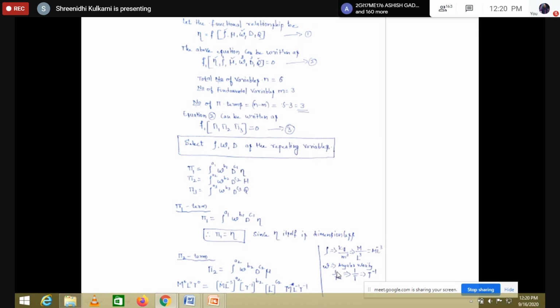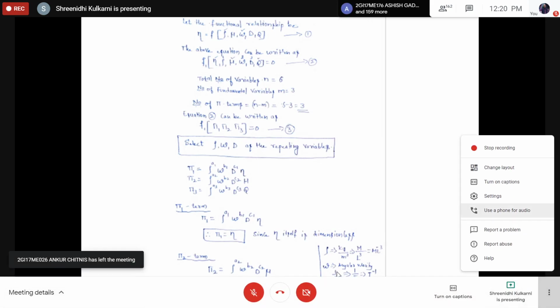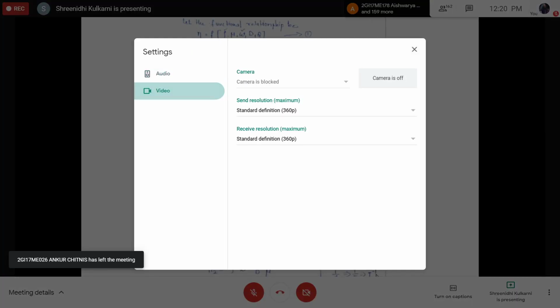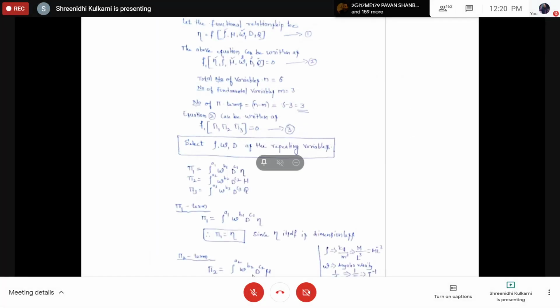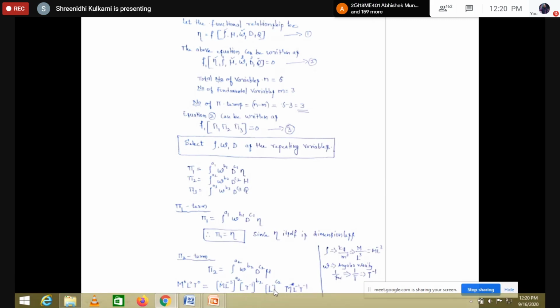Next, omega is angular velocity, so again we get per time: T to the power of -1. And diameter has the unit meter, so I will write L. And mu is the dynamic viscosity, which we can write as Newton second per meter square.